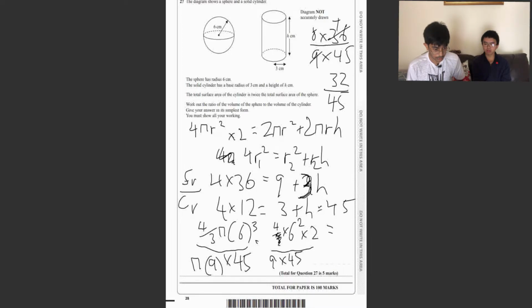So that cancels, 4, that's 32 over 45. Can that be cancelled anymore? 1, 2. They've got a difference of 13, so no. Okay, so this is a bit weird. It's 32 over 45. Like this. Okay.